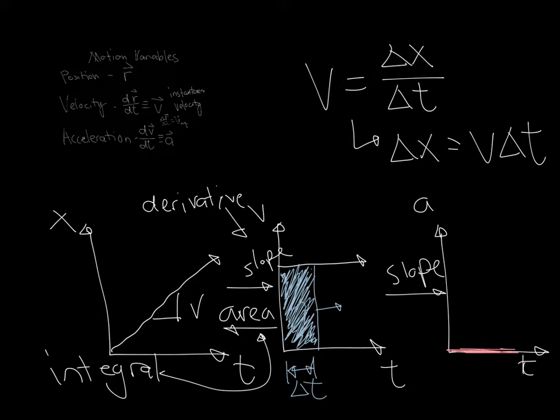Okay, well, let's see if we can apply that logic over here to the acceleration. Can we take our acceleration and then give us a velocity? Well, the area under this graph is 0. There's no space under it. And so then that would imply this should also be 0.